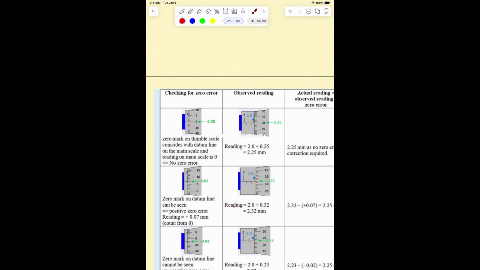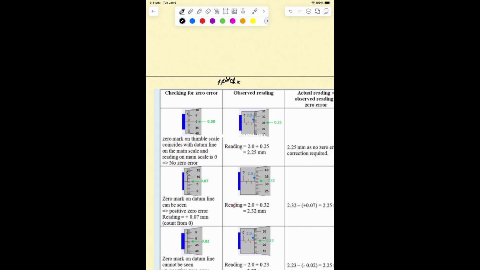Now it all depends upon what is meant by pitch. Pitch is how much the main scale advances when the circular scale is rotated once.